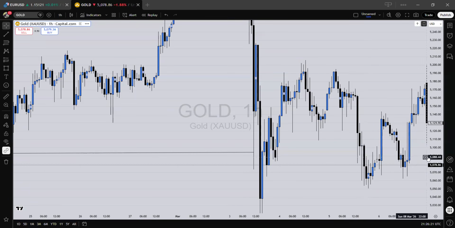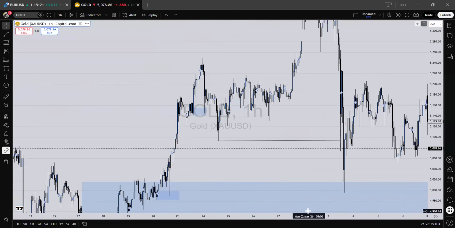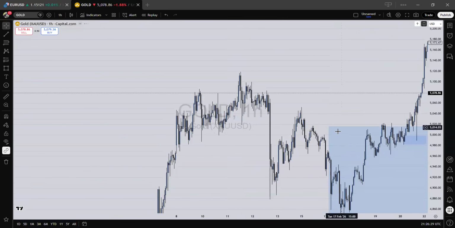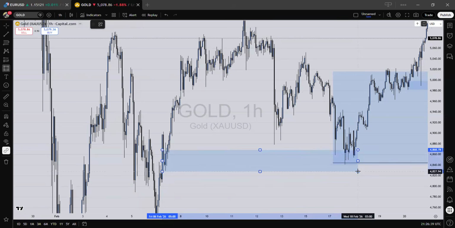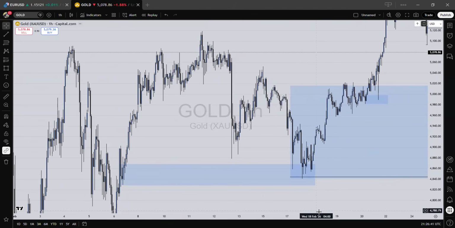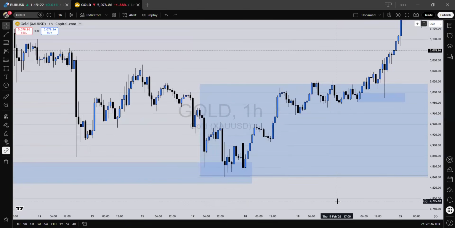Once price comes to my entry, I want to see a fair value gap being printed. It shows me that the entry is authentic, that the side I'm on is aggressive.